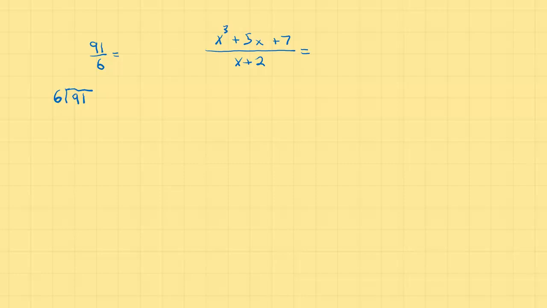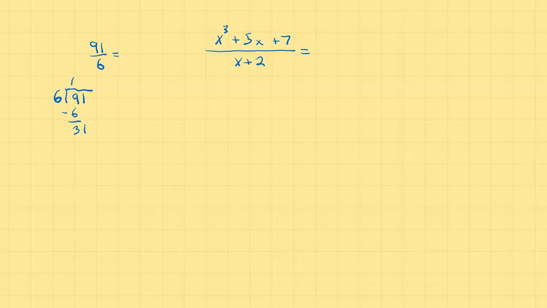So for long division, you look at the 6 and you look at the first term of the dividend, which is 9. So 6 goes into 9 one time, so you put a 1 right above the 9, and then you multiply. 1 times 6 is 6. You draw a line and you subtract and you get 3 and you carry down 1.